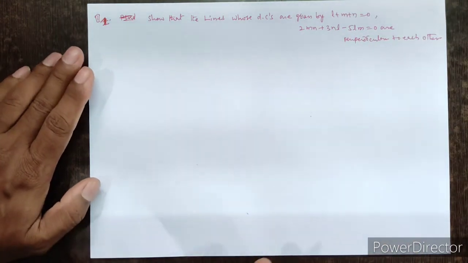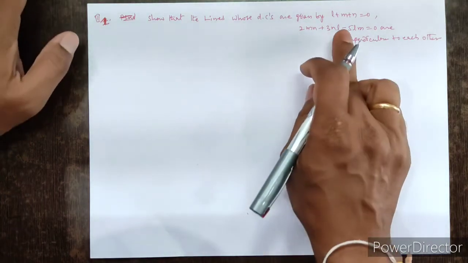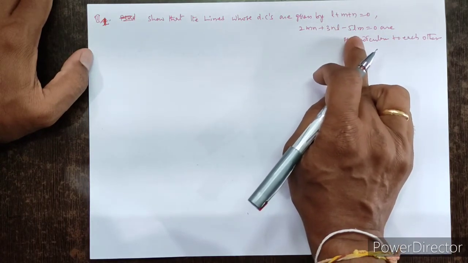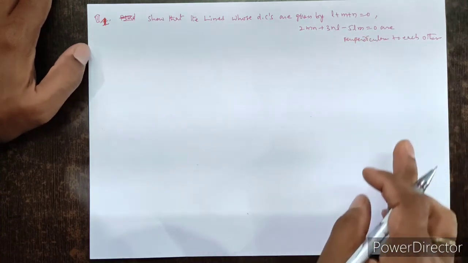So the lines which are perpendicular, their direction cosines are in the relations like this: l plus m plus n equal to 0, 2mn plus 3nl minus 5lm equal to 0. So we should show that these two lines are perpendicular.